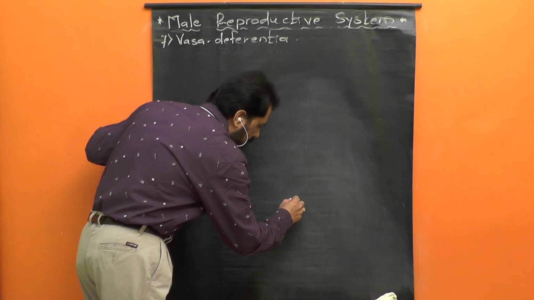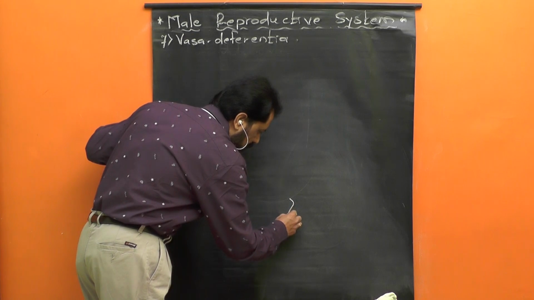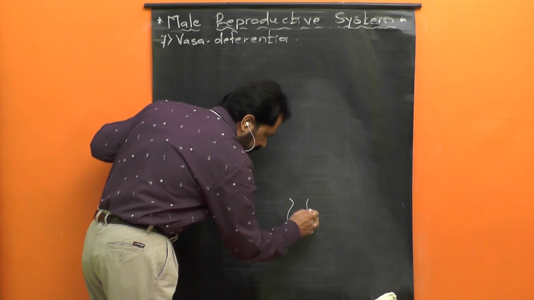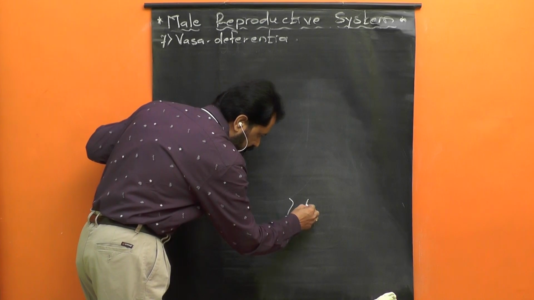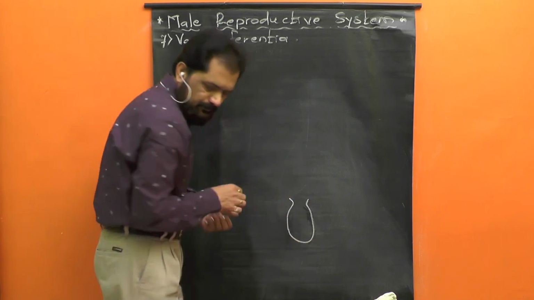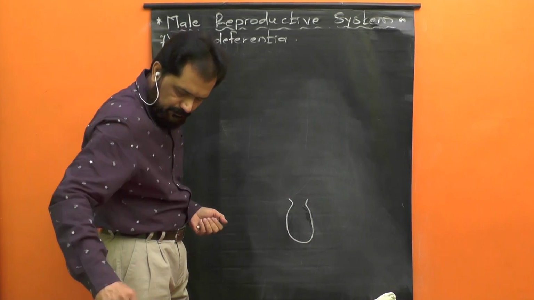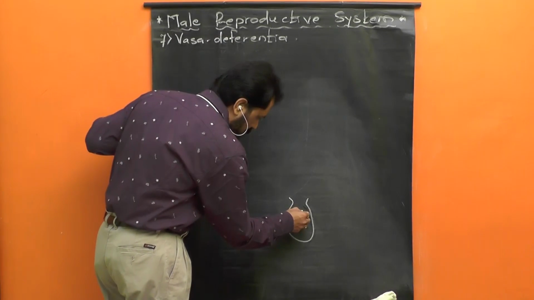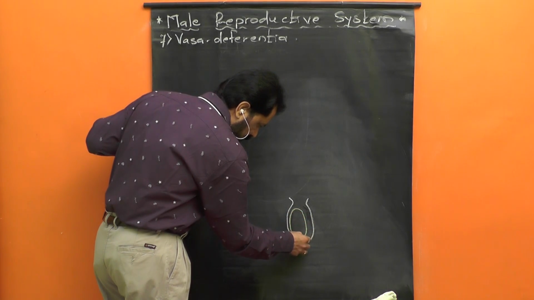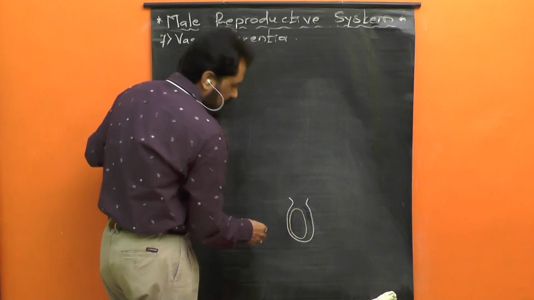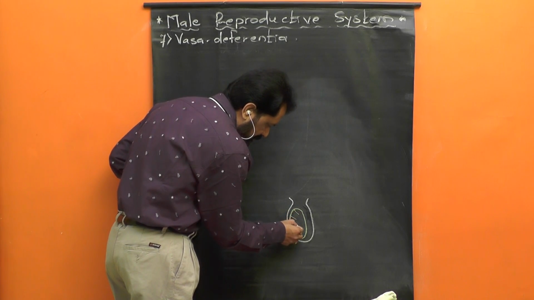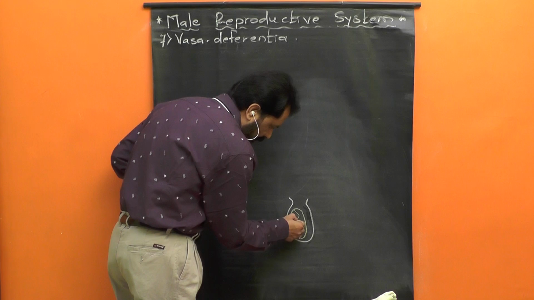Here once again I am going to show the scrotum in side view. This is supposed to be the testes. In the testes, these are its compartments, lobules, we all are known.